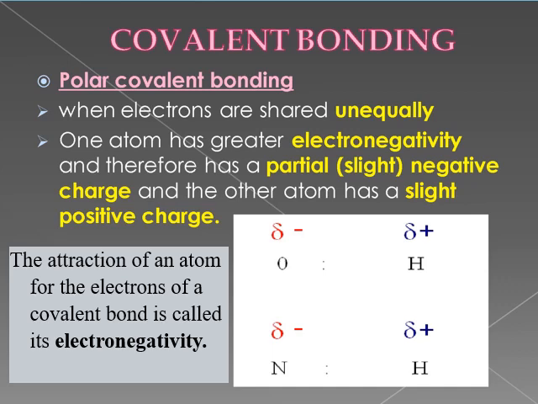A polar covalent bond happens when electrons are shared unequally. As you can see here, the term polar means there are two different charges, which are positive charge and negative charge. When one atom has greater electronegativity, therefore it has negative charge, and another atom has slightly positive charge.